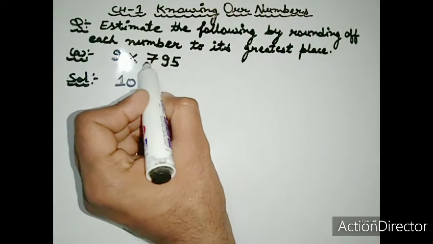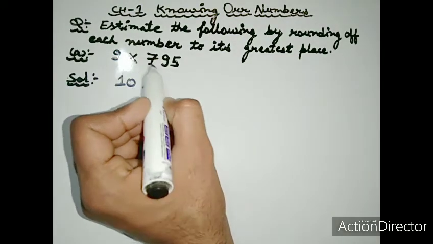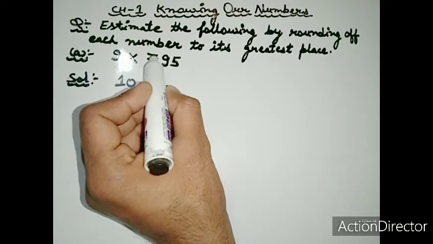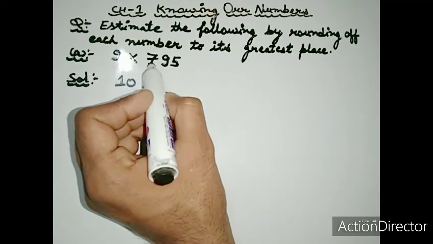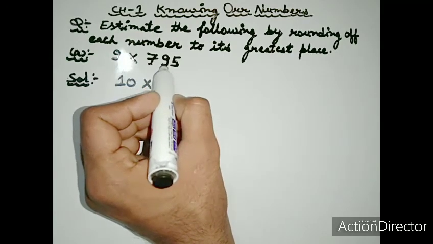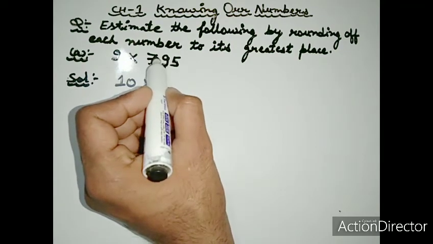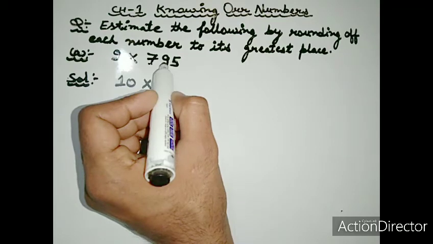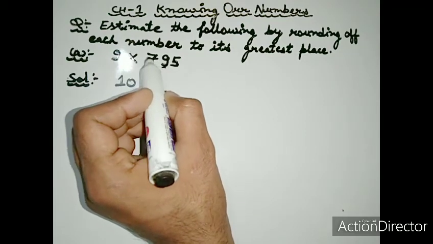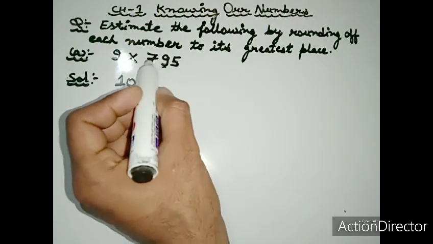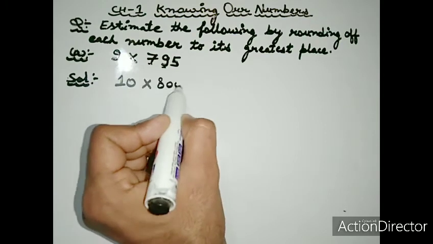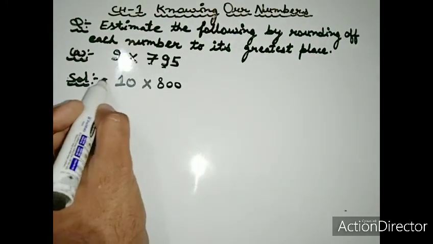Now here the required place is 100 and the digit in the 100 place is 7. On the right hand side of the required place is 9, and 9 is greater as compared to 5. So here we add 1 with the required place, means 7 plus 1, 8, and the other digit is replaced by 0.